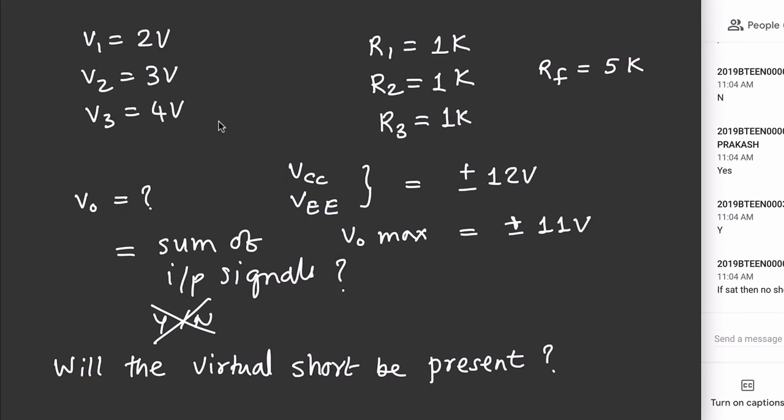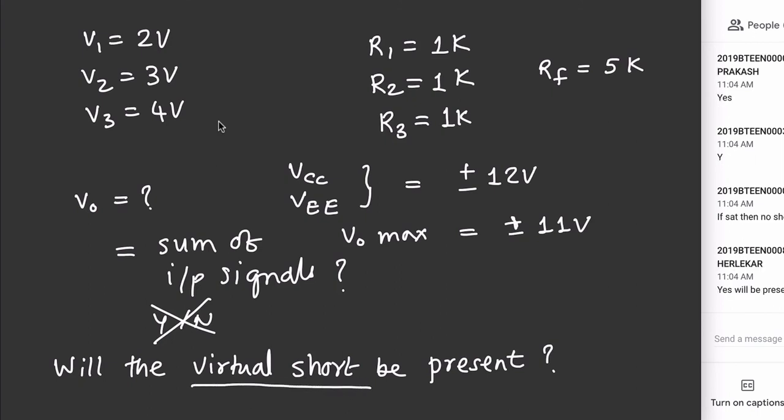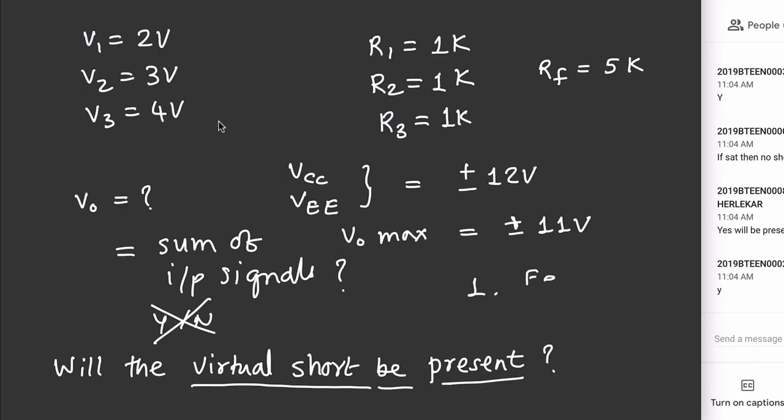What are the conditions for virtual short to be present? First condition is that there should be feedback. Is there a feedback in the circuit? Yes. Then the output should not be saturated. It should be in active region. This is the second. Now, is this condition fulfilled?